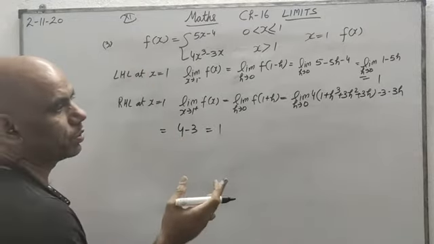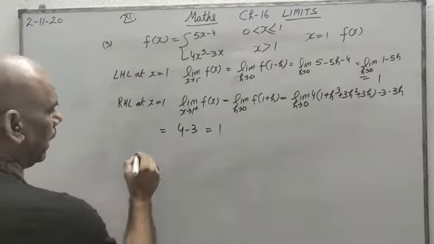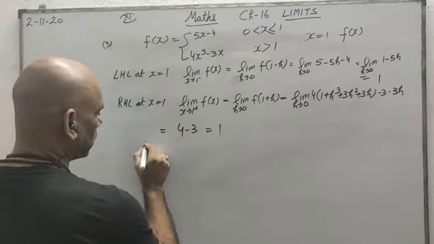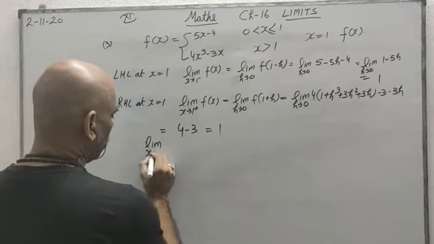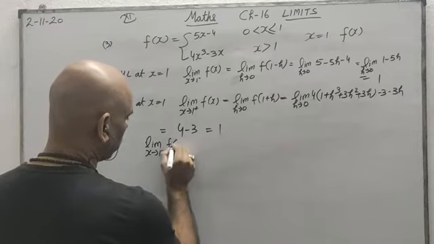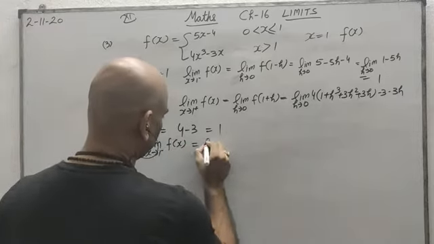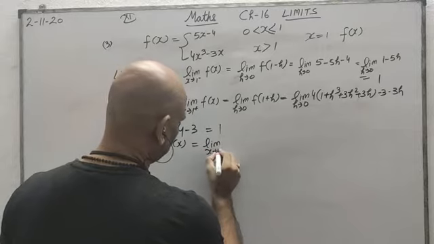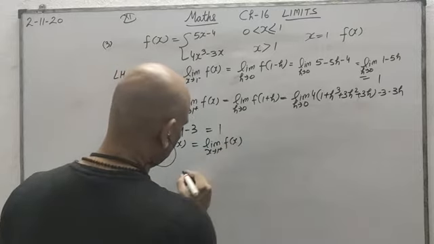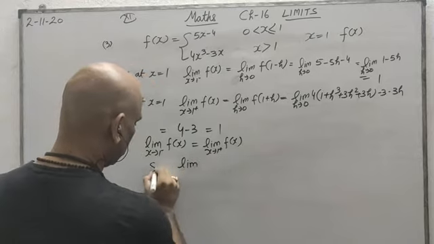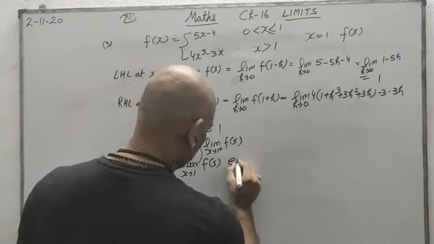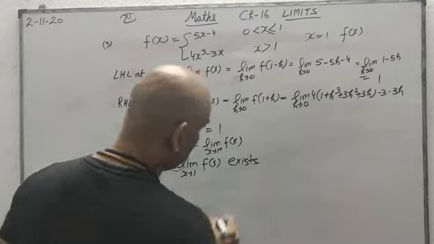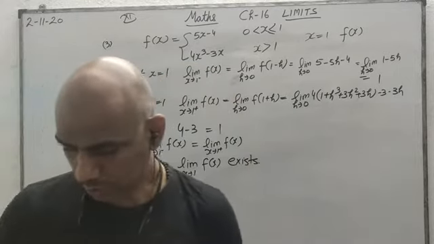So I will come to know that this way the LHL at x is equal to 1 and RHL at x is equal to 1 are equal. So the function exists. So limit x tends to 1 f(x) exists. This way we will conclude this question.